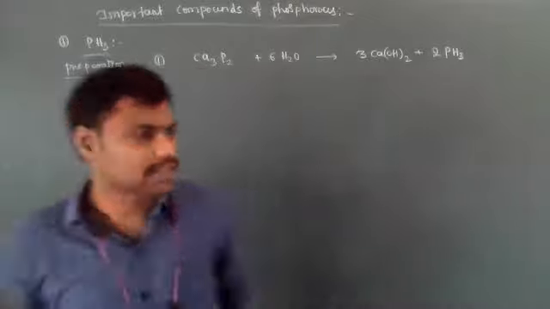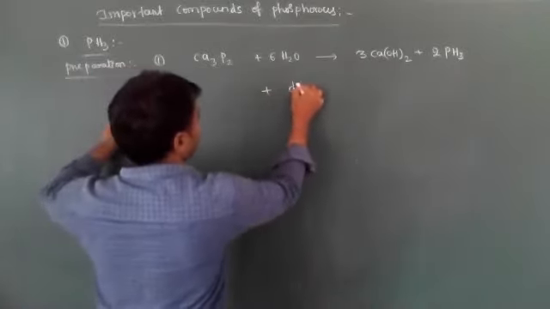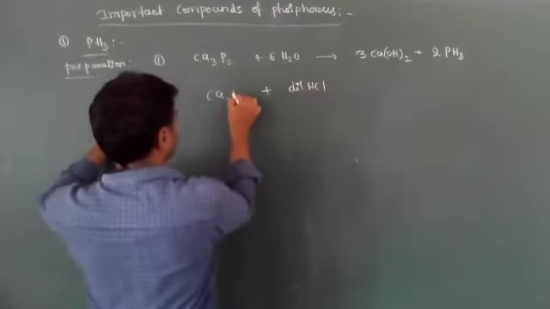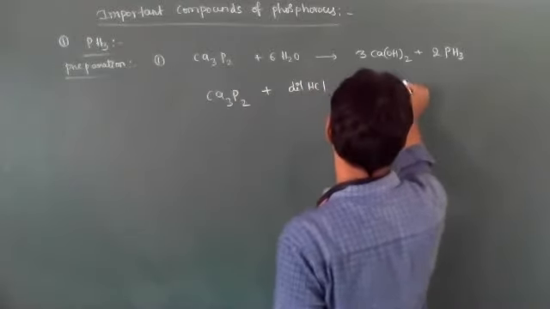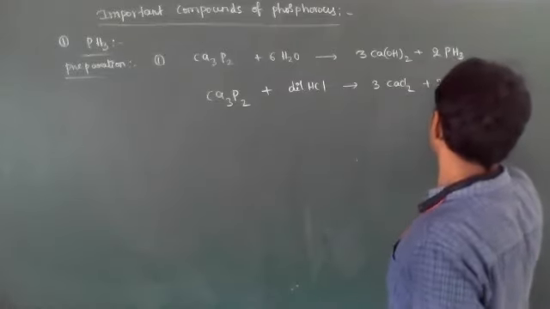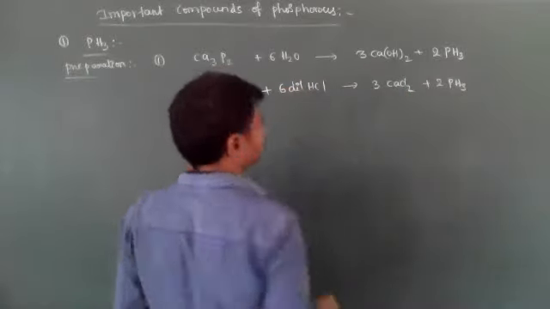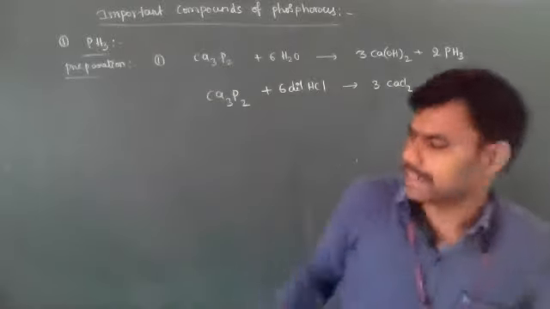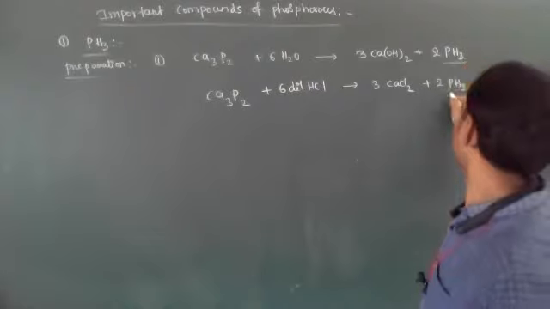Instead of water, we can treat it with dilute HCl also. Then we get 3 moles of CaCl2, calcium chloride, plus 2 moles of PH3. Here 6 moles of dilute HCl are required. So calcium phosphide on complete hydrolysis, or treated with dilute HCl, forms phosphine.